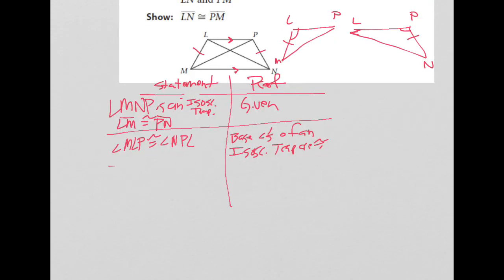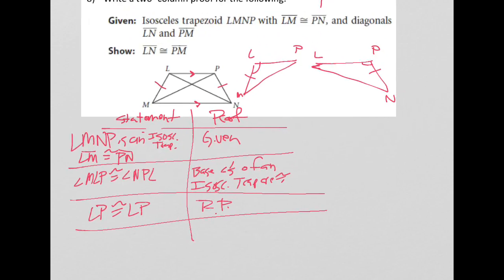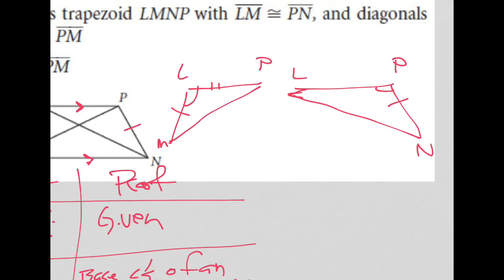And what else do I know? I know that LP is congruent to LP by the reflexive property, our old friend. So I get that that is congruent to that.